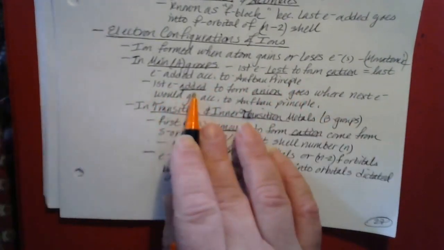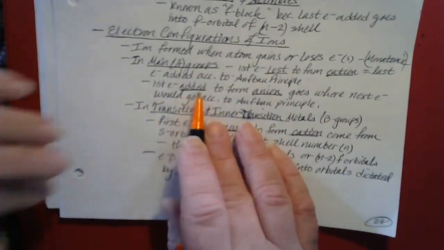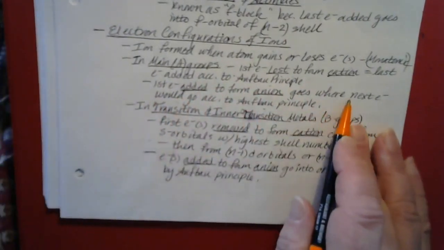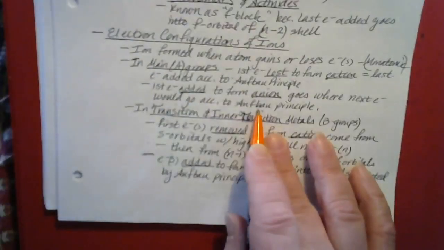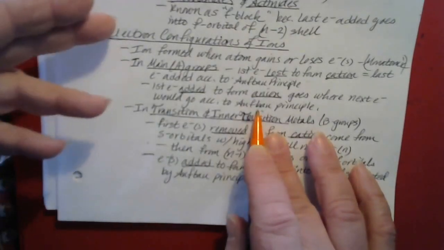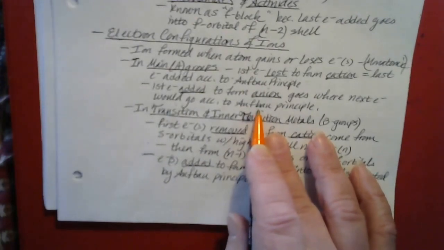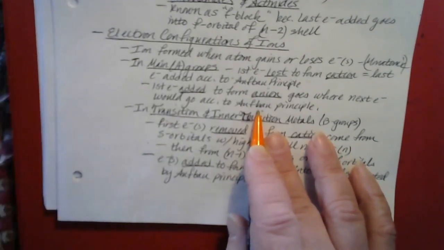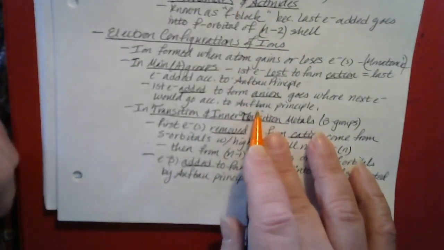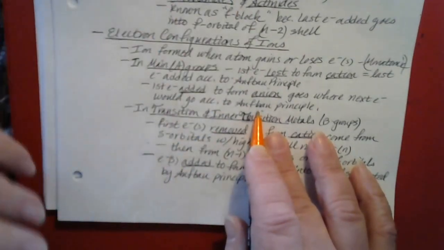The first electron added forming an anion will go wherever the next electron would have gone if you were doing an electron configuration for an atom that has one more electron. So whatever the next lowest energy position is, according to the Aufbau principle, that's where the extra electron goes. If you have an anion with a charge of -2, then that means you've gained 2 electrons, and so the next 2 electrons would go wherever they would go according to the Aufbau principle.